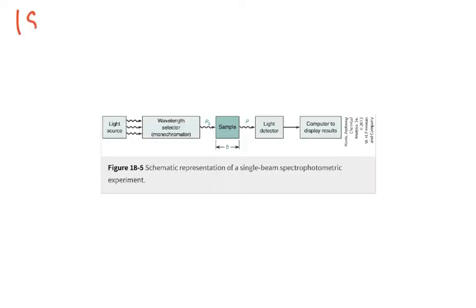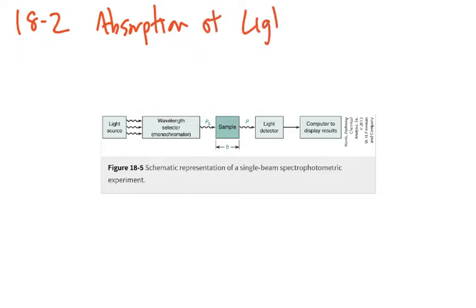Okay, so let's talk about what happens when light comes across our molecule. And this takes us to the start of section 18.2, the absorption of light. And we have here the simplest schematic representation of a spectrophotometer.